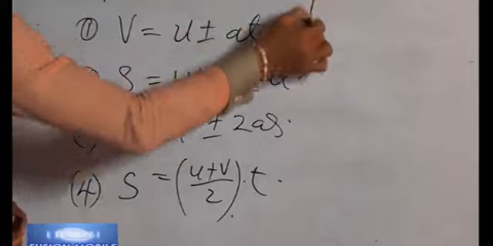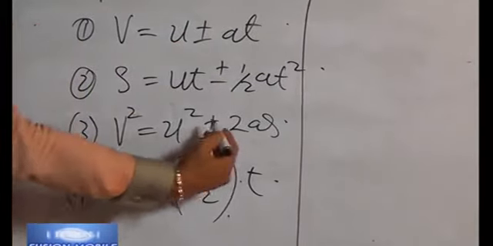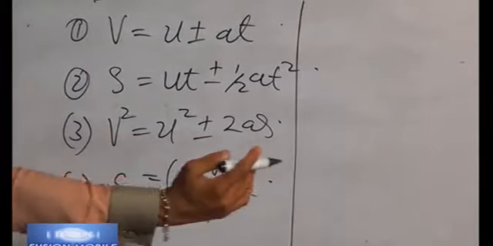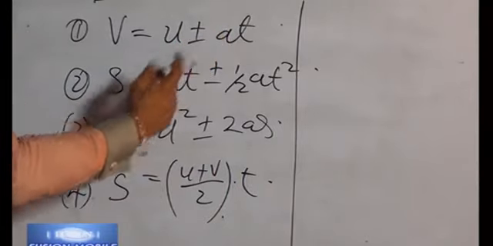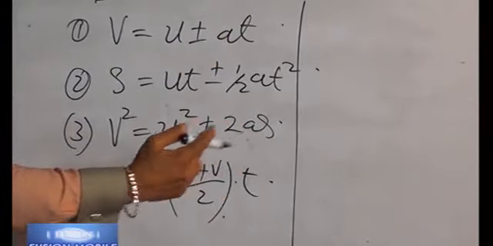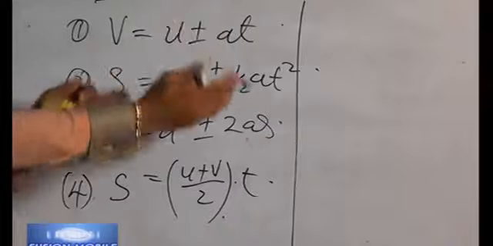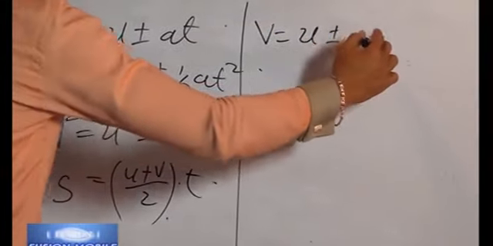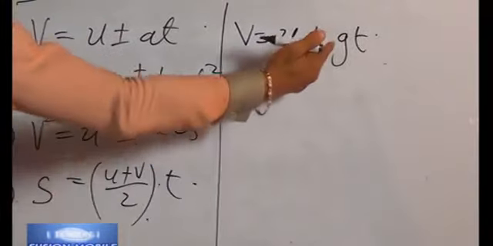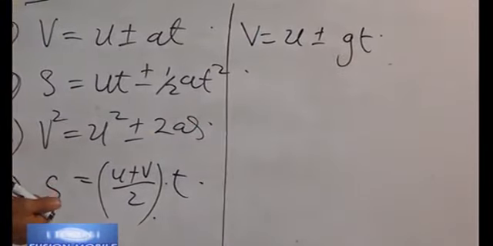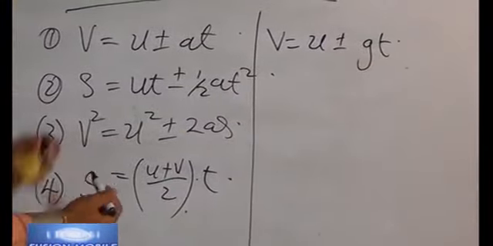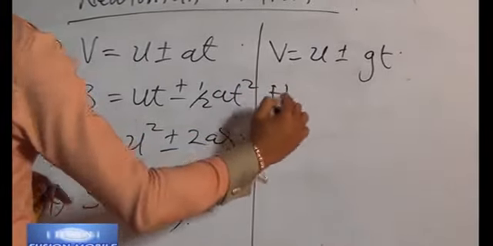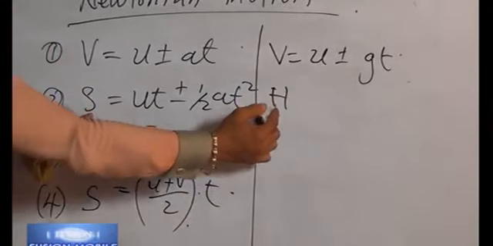Now, this can represent the horizontal because x is horizontal distance and acceleration is horizontal acceleration. But if it's in vertical, we can rewrite these as v equal to u plus or minus gt, where g is acceleration due to gravity or acceleration of free fall, while the second one will be h. Instead of x now we have height.